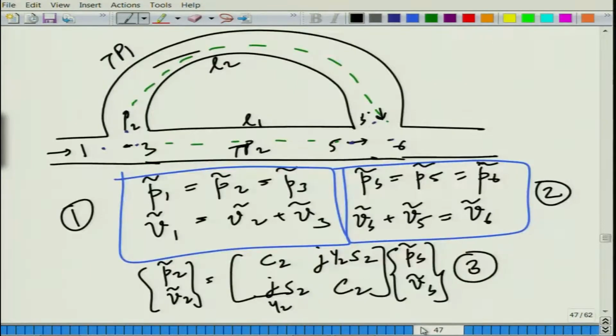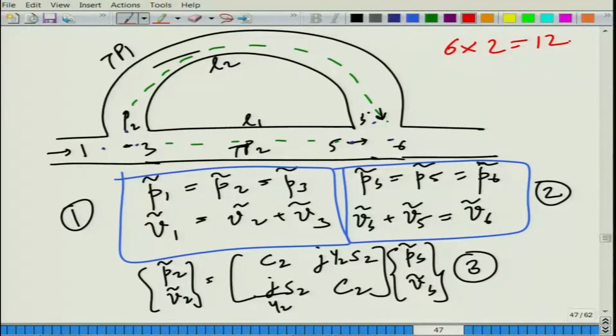Now, how many variables we have? That is given by the number of nodes we have for such a system. That is the most general analysis that I am trying to present. So, 1, 2, 3, 4, 5, 6. So, 6 into 2, 12 variables we have, including both pressure and velocity, because at each port there are 2 variables. Okay.